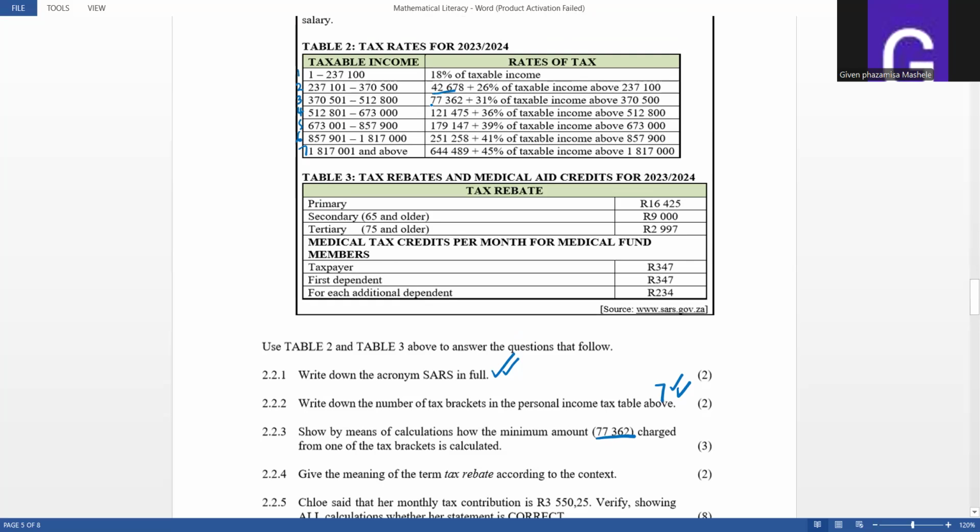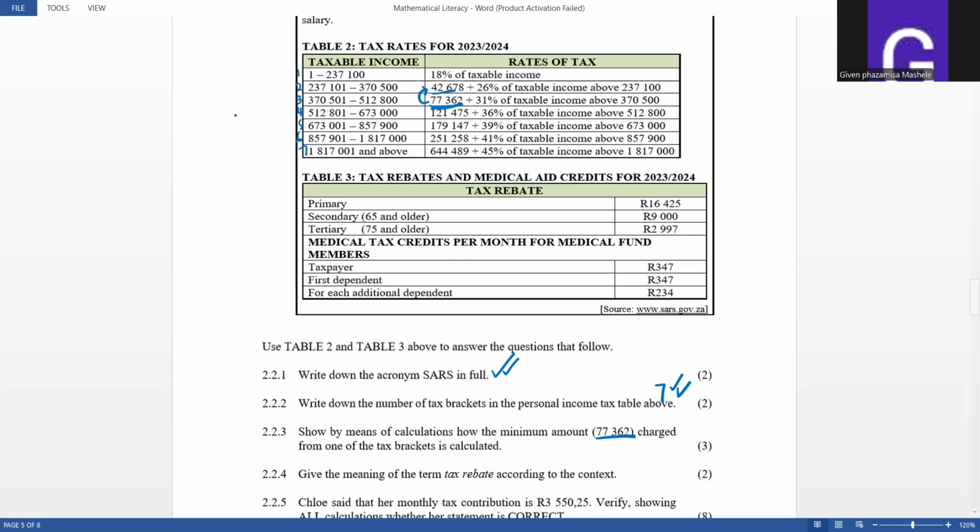So they wanted to know how they arrived at 77,362. Obviously, they arrived at this based on the previous information. So to confirm that 77,362 is the minimum of tax bracket number 3, we need to do this.